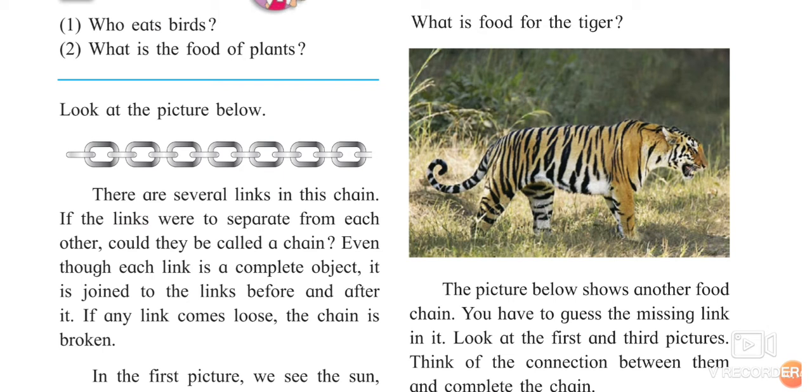So there are several links in this chain. If the links were separate from each other, would they be called a chain? Chain means what? It is continuous. If at least one part has been removed, can I say it is a chain? No, I cannot say it is a chain. Even though each link is a complete object, it is joined to the links before and after it.